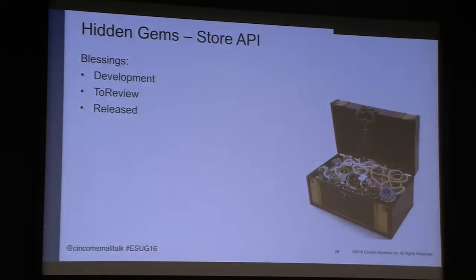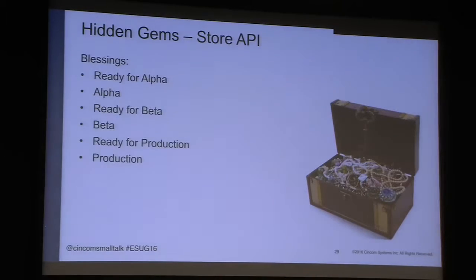Back before coming to Cincom, I ran some development for a hedge fund, and we had a different process. We had alpha, beta, and production versions of our application. So we had some blessings like, we did some development, and this is ready for alpha, this is ready for beta, or ready for production. And then later we had some code that would sweep all the things that were, say, ready for beta, because we want to do a new beta.